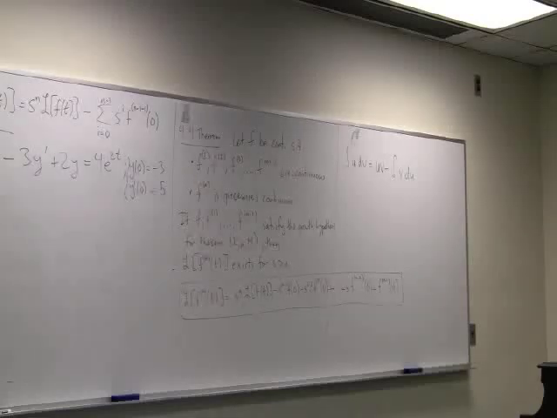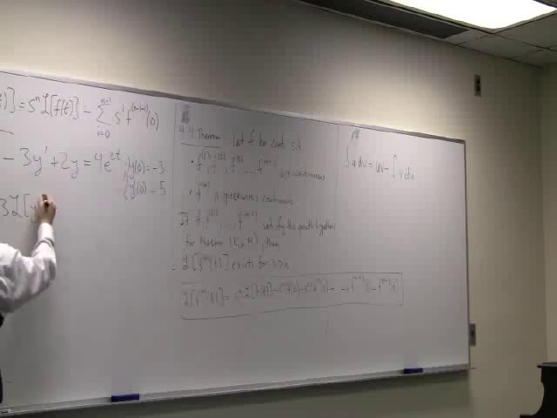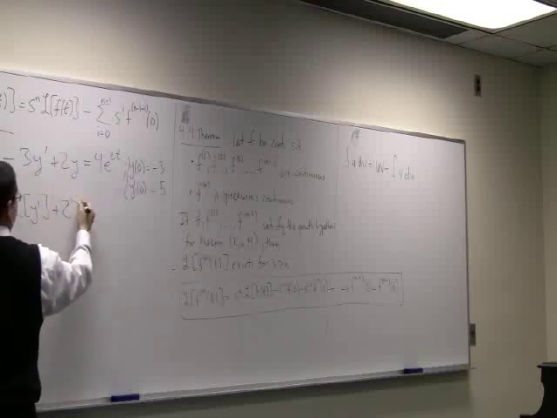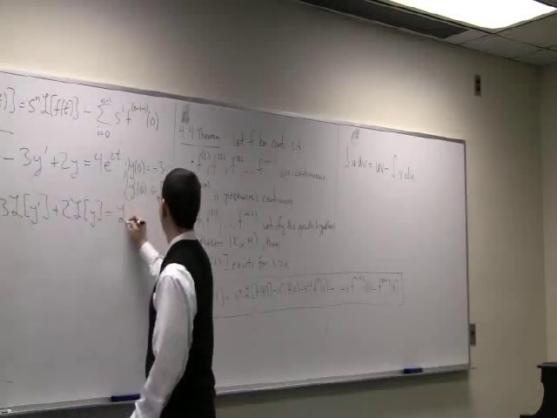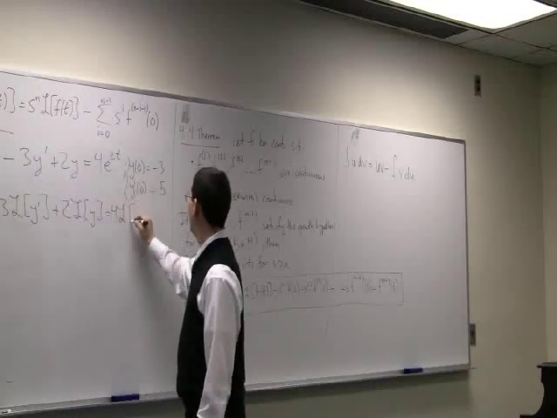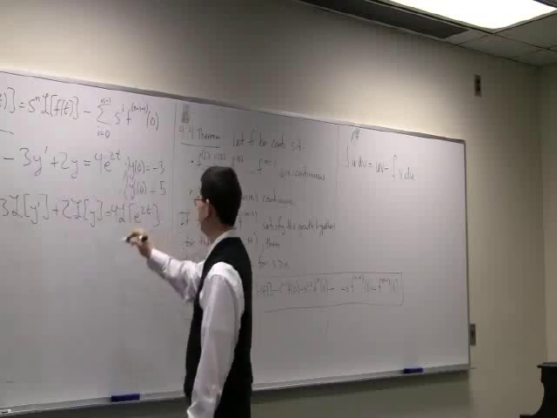And then, of course, here's the nice thing. We're using linearity already, right? It's a sum here, but we can break it up, and we can pull out all the coefficients. 3 times the Laplace transform of y prime, 2 times the Laplace transform of y, equals the Laplace transform, well, let's see, we'll pull the 4 out, of e to the 2t.